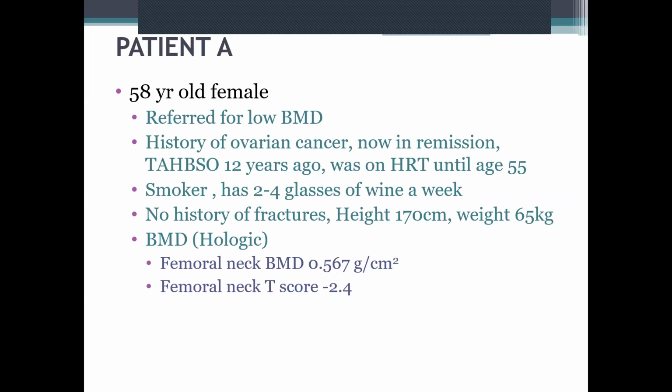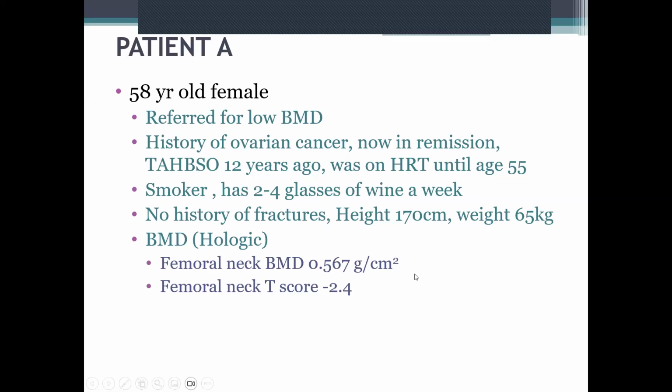With the removal of the ovaries, she would have estrogen deficiency. She stopped HRT at age 55. She's a smoker and has 2 to 4 glasses of wine. All these are other risk factors as well. If you use the FRAX calculator, you can input all of these data into the calculator. And again, this is someone who's come with no history of fractures.